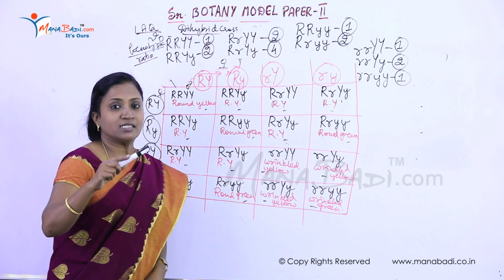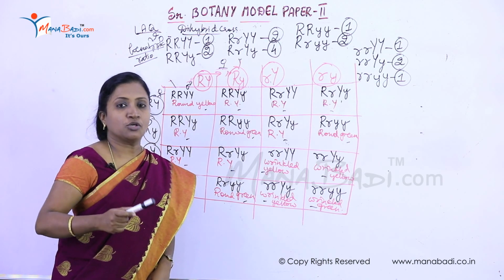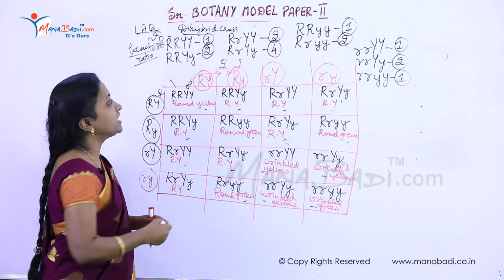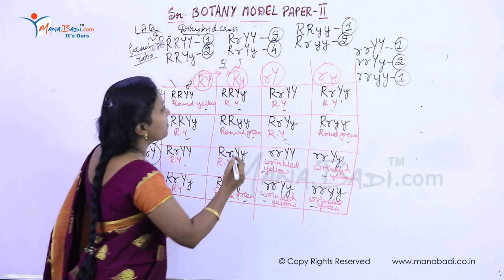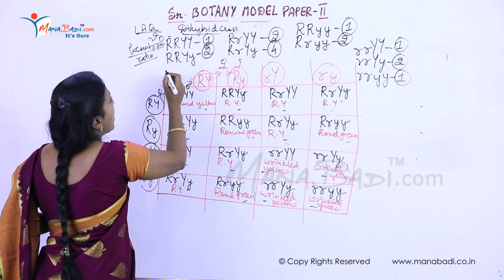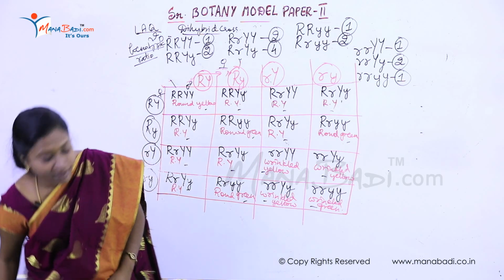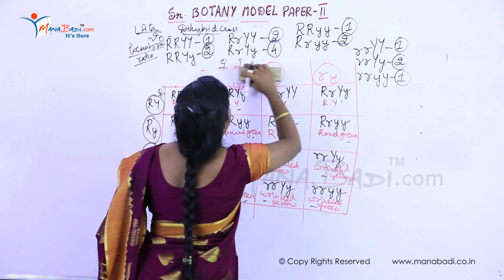As we have discussed, the phenotypic ratio is 9:3:3:1. If we go with the genotypic ratio, how will it be? You can go with it in a sequence. I can write it over here.